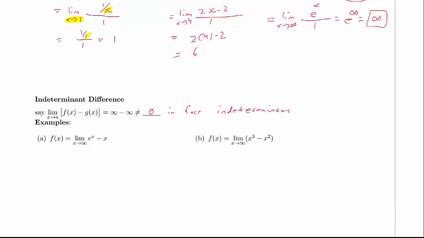Or another way to think of it, if thinking of some infinities larger than others hurts your brain too much, you can think of it more in terms of, well, g of x might approach infinity faster or slower than the other function. So if they're approaching infinity at different rates, then you're going to have a different answer. We don't know how each function approaches infinity simply by stating it, so we have to examine each one.